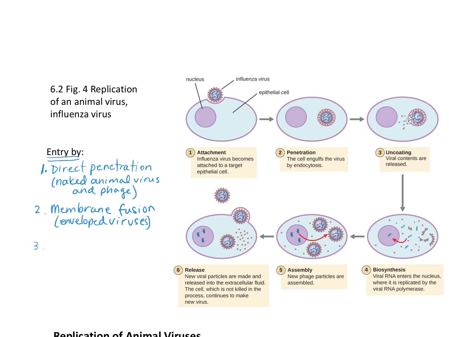And the third way, we have actually talked about this before, is by endocytosis. And that's what's sort of pictured here. That's what the influenza virus does. And this can be either naked or enveloped viruses.